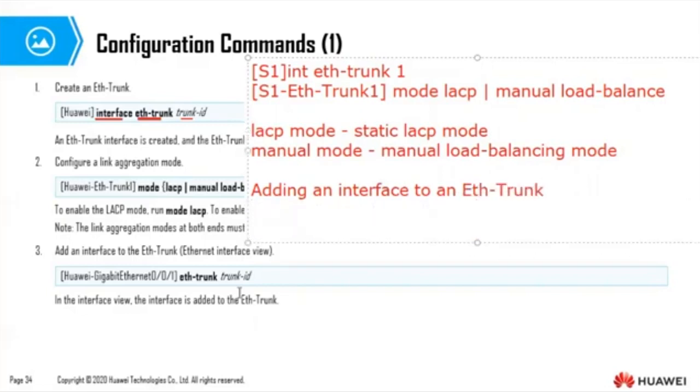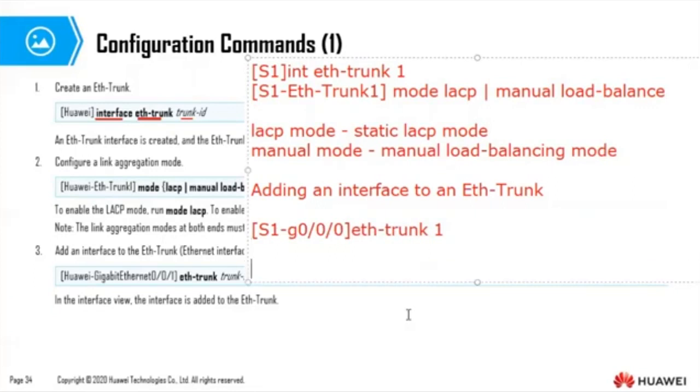To do that, you go to the interface view, then you use the command eth-trunk, then the trunk ID, for example 1, then enter. If you do that, then that particular interface will be added to the Ethernet trunk. So for example, you are on S1 and you are on G0/0/0. So that's how you add an interface to an Ethernet trunk.